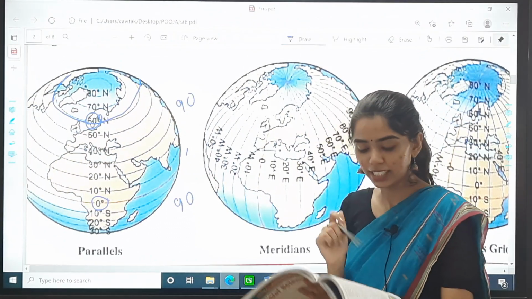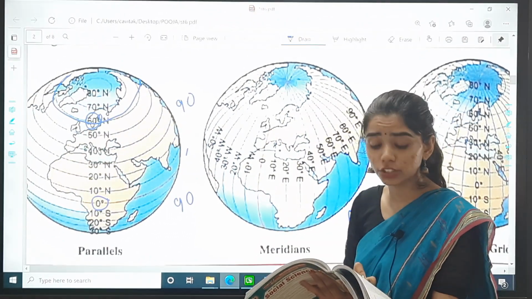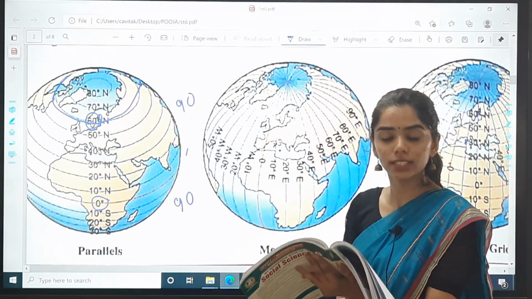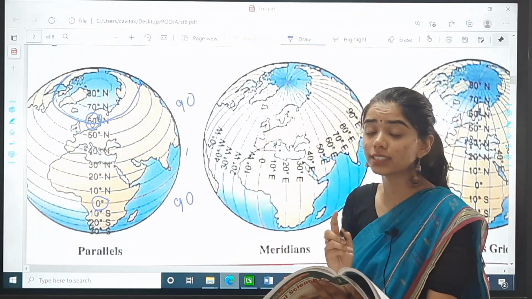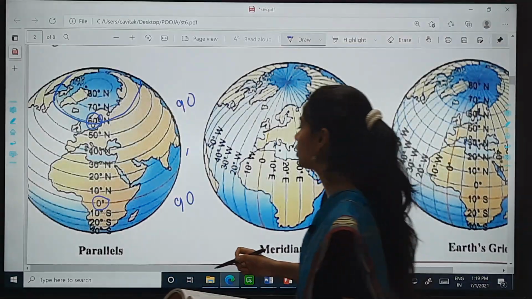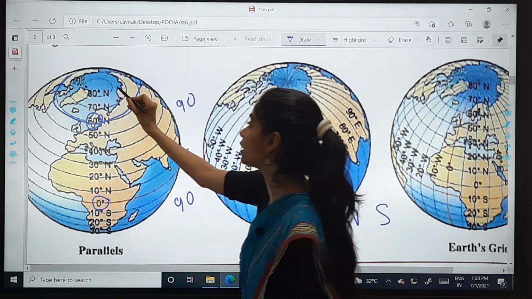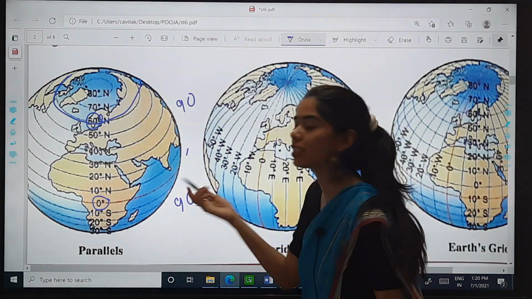Is it clear? And last, the farthest latitude, the North Pole 90 degree N and the South Pole 90 degree S are in the form of imaginary points. See, in your picture also they have not shown the 90 degree N because they might have no place.